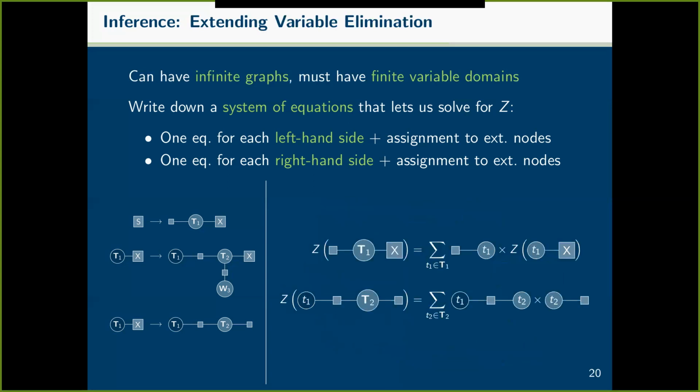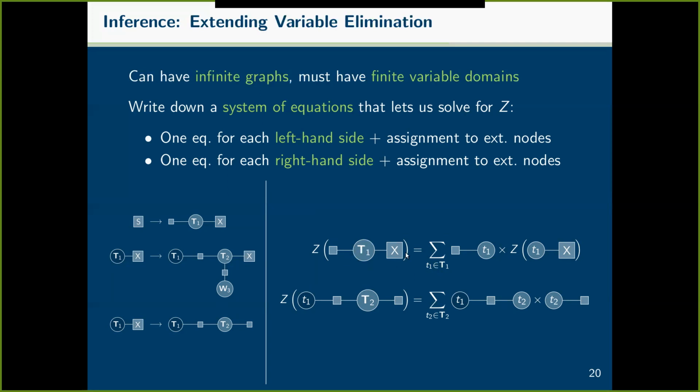Okay, so now I'm going to show you the equations for the right-hand side. So this is what we just saw before. This is the total weight of all graphs that can be generated starting with this right-hand side. And what is that total weight? Well, it's a sum over the weights of all these graphs.